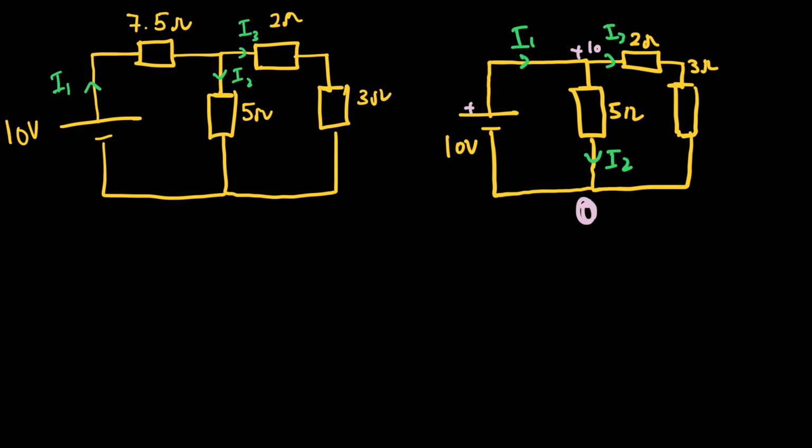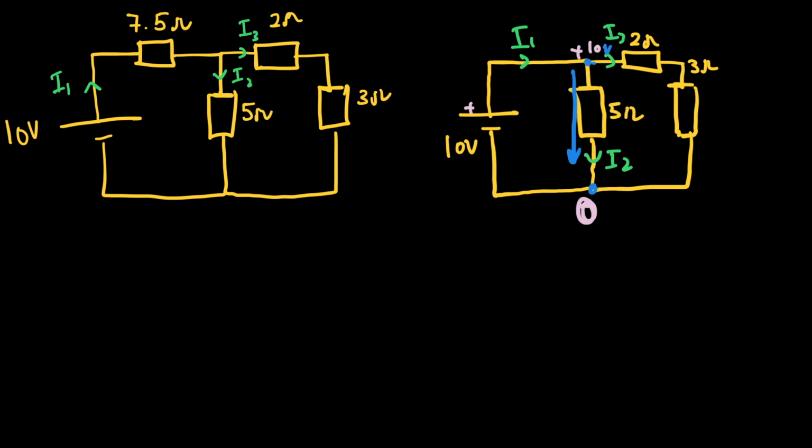So you can clearly see that the voltage at this point is plus 10 and the voltage at this point is 0. And if you want to find the current through this particular branch, तो इसके across देखें क्या voltage है यहाँ पे. You will see that the voltage across the 5 ohm resistor is 10 and 0. So that means 10 volts is the voltage difference and the resistance itself is 5.